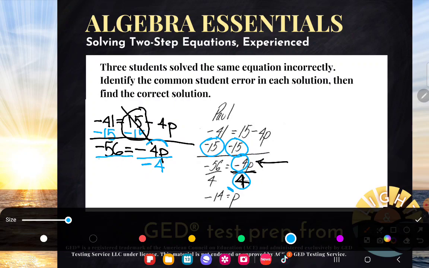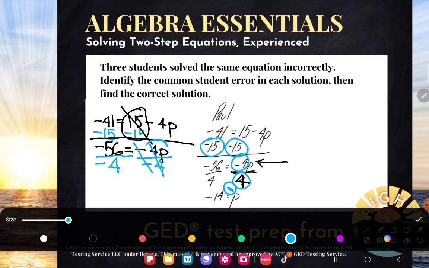But if I divide by that negative 4 right from the start, then yeah, the 4s will cancel, but so will the negative, right? We need the exact same number multiplying and dividing in order to cancel. Okay, so there's Paul's issue. Paul dropped that negative sign when he divided and then just left it like it wasn't there anymore, and that's simply not true. It did not cancel out.